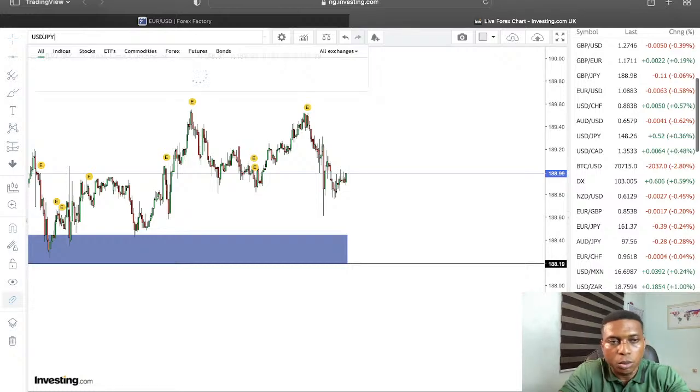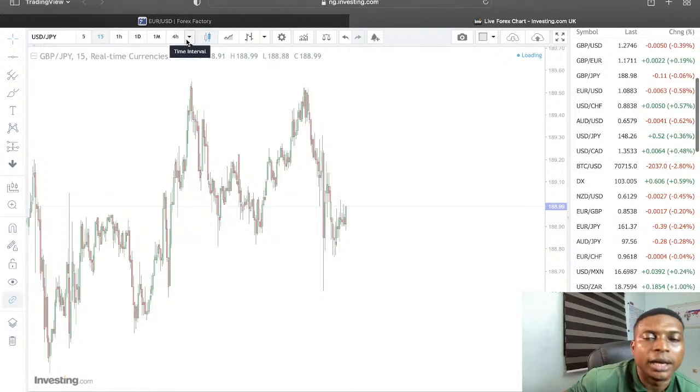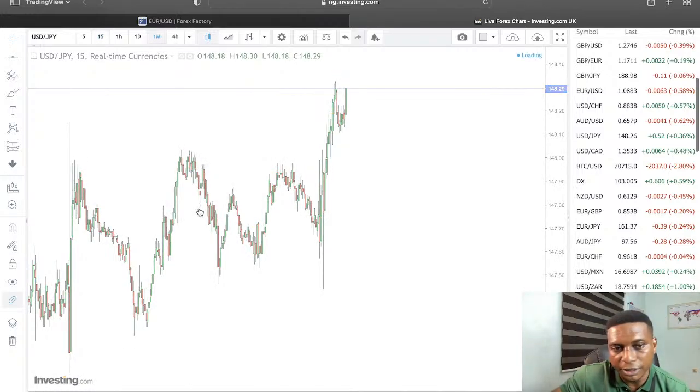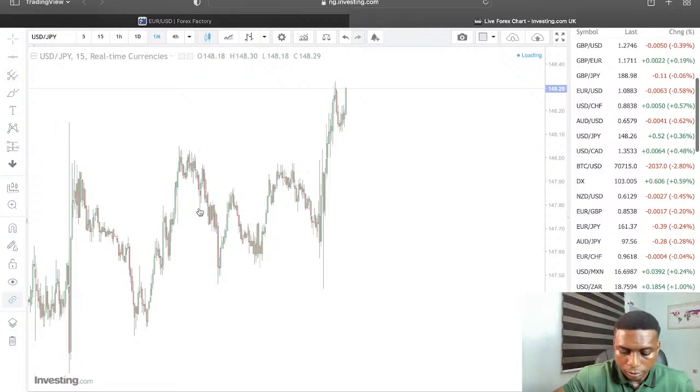USD JPY. Now let's start with the monthly time frame on the USD JPY.